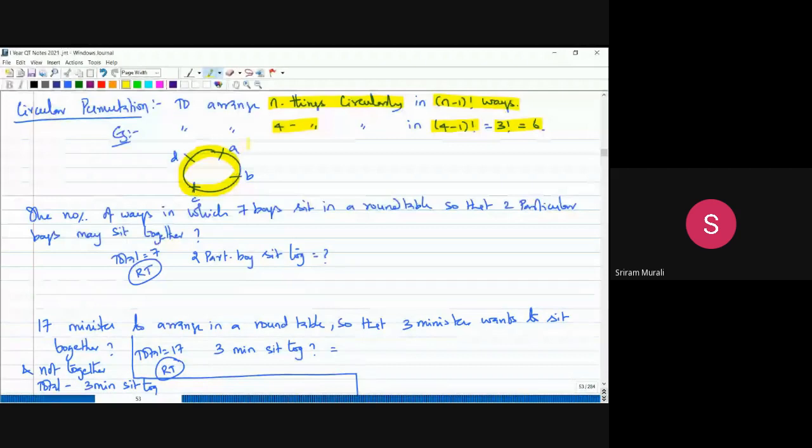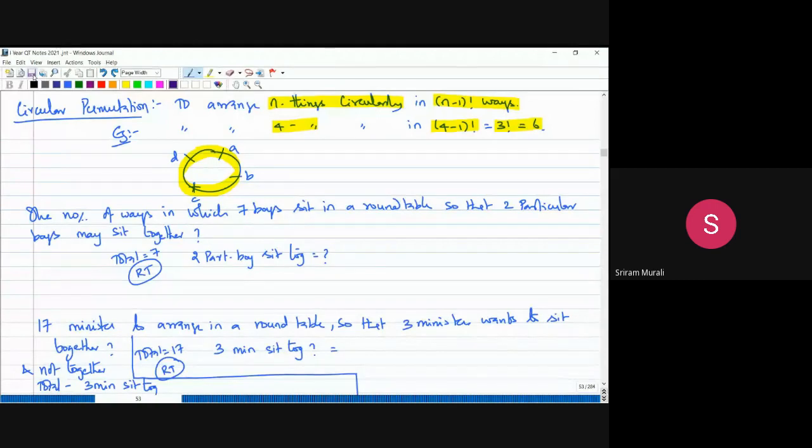So the starting point can be A or B or C or D. So we need to fix any one of the 4. So fixing 1, that is why we are subtracting 1 from the total n. Have you understood? Yes, sir.